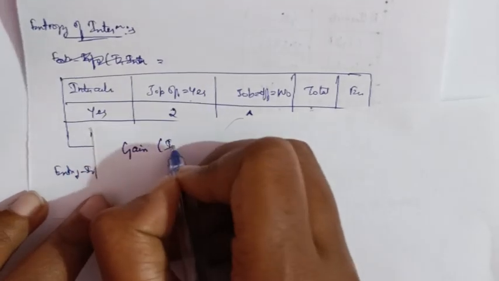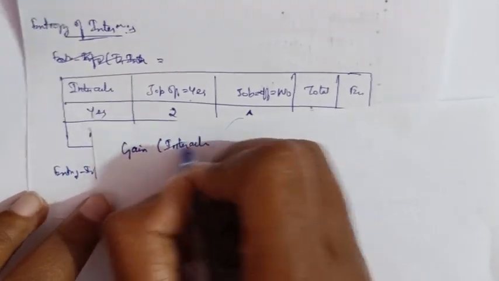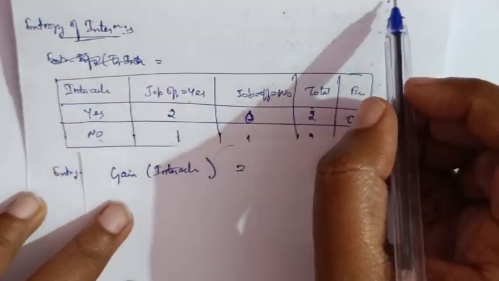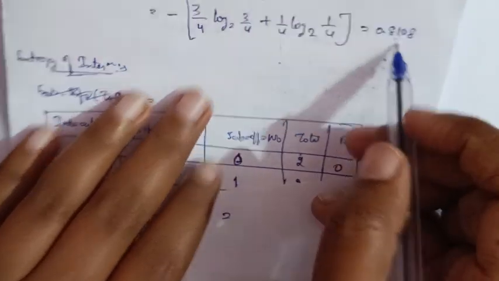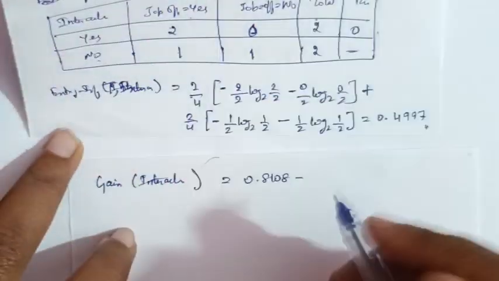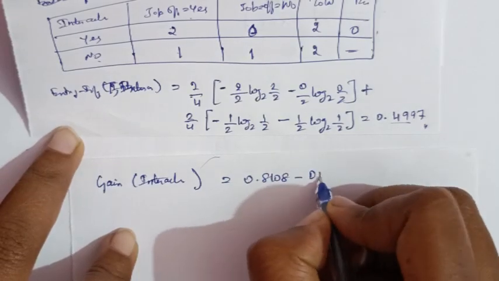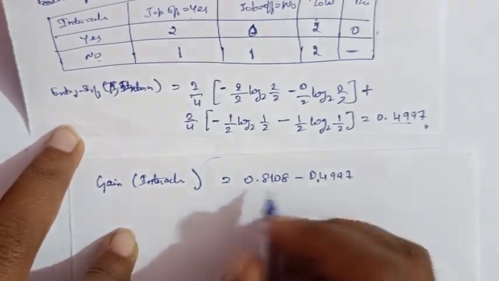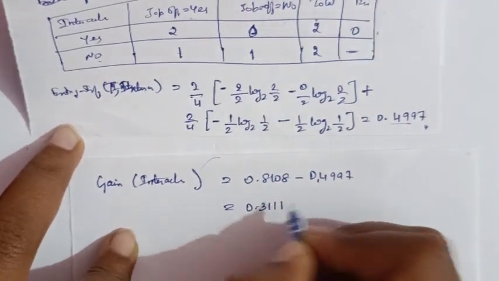Gain of interactiveness: the total entropy is 0.8108 minus the entropy of this 0.4997, which will be equal to 0.3111.